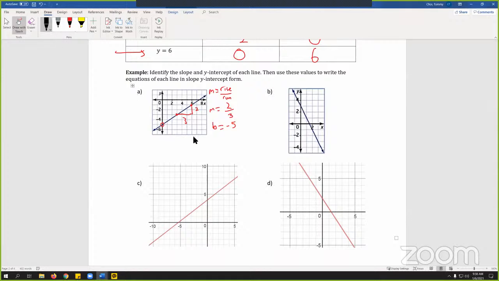We now have enough information to write our equation, so we can write y is equal to 2 over 3x minus 5, and this would be the final equation for this question. So there's our equation of the line. That's essentially how you're doing it. Once again, I use the rise over run method, but some of you may want to practice the slope formula. That is up to you, right?